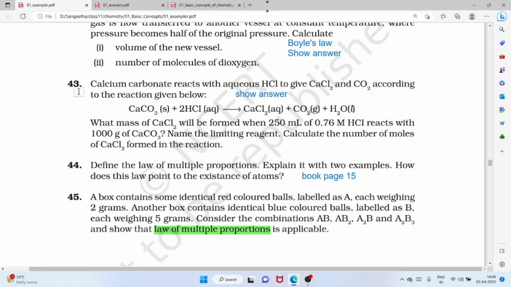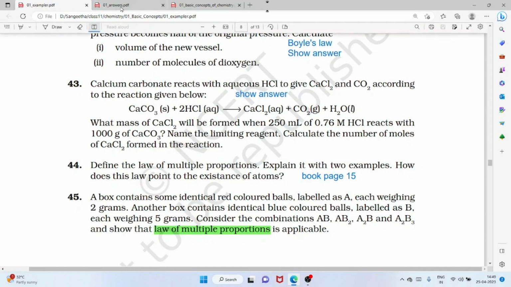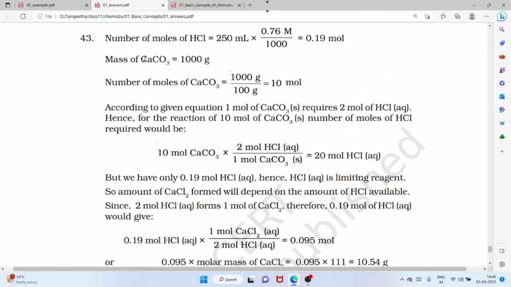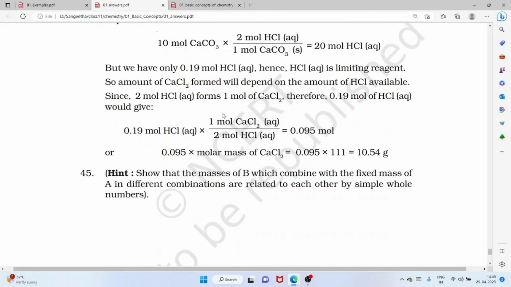I already showed one example, question 43. They are computing, and so we have only this many moles, hence HCl is the limiting reactant. So the final output mass is this much.